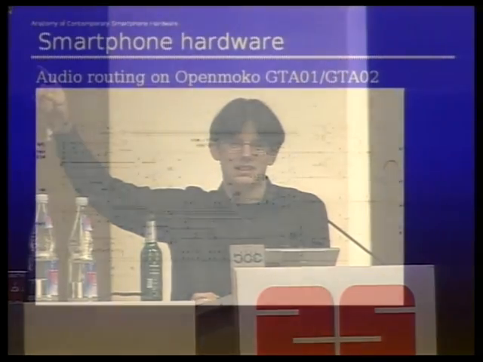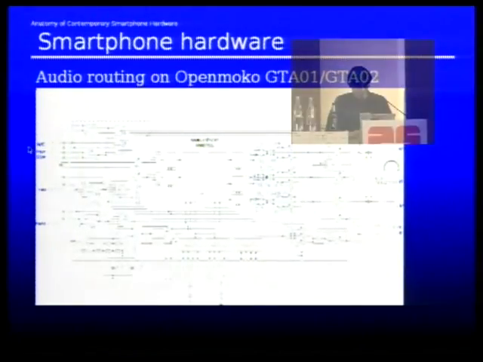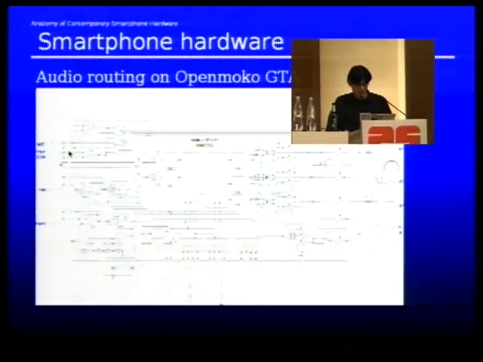This is the audio routing diagram of the codec chip that's used in the OpenMoko, both of the hardware generations. I'm not going to go into the details, but you can see my mouse pointer here. From GSM, audio comes in here, for example, in RXP, RXN. The headset microphone is connected here.